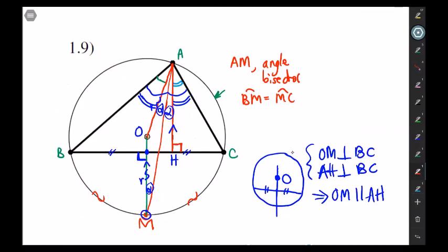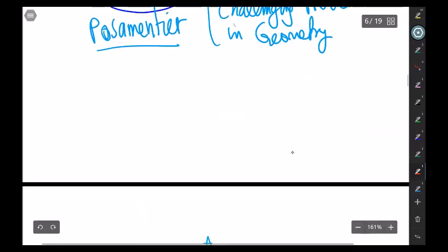I mean, after the proof, it seems it totally disappeared, but the statement was that angle CAH and angle BAO, they are congruent. So basically what it is telling you is that, okay, let me just do it here again. So let's first draw a circle.